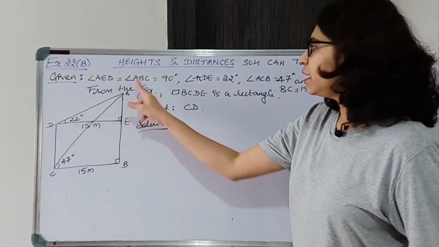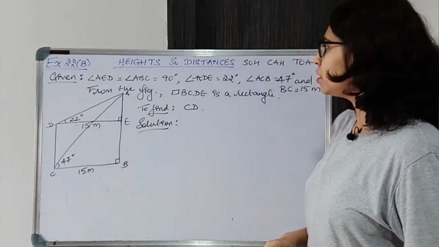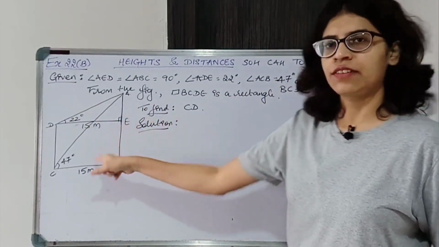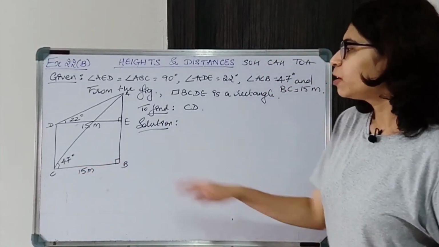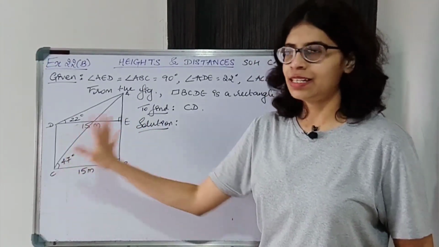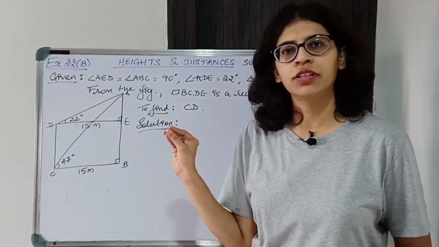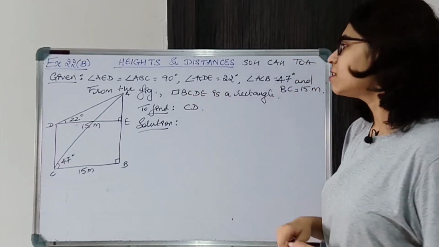Given: angle AED and angle ABC are 90 degrees. ADE is 22 degrees and ACB is 47 degrees and BC is equal to 15 meters. Now from the figure we can say that BCDE is a rectangle. So just write that information in the given part. From the figure, quadrilateral BCDE is a rectangle.